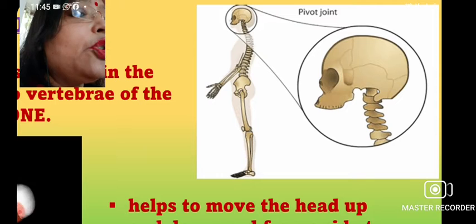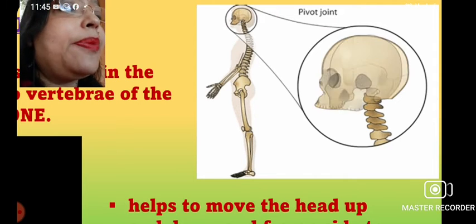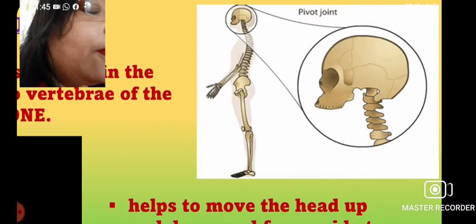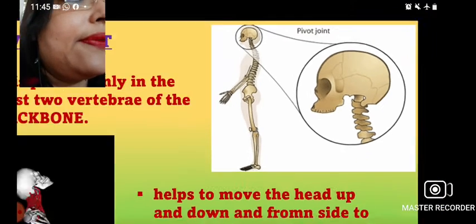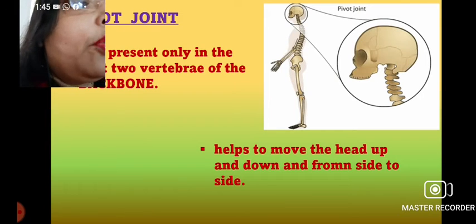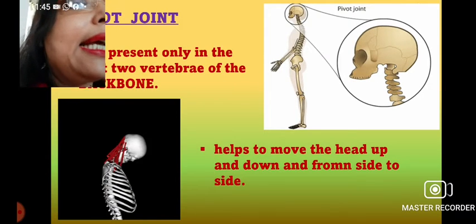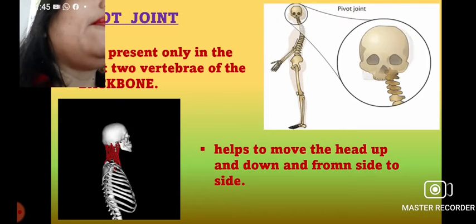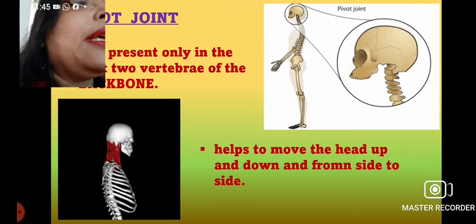So where is the pivot joint present? Pivot joint is present in the first two vertebrae of the backbone, and its function is just to help in the movement of the head. What type of movement of the head? It allows the head to move front and back and, at the same time, side to side.